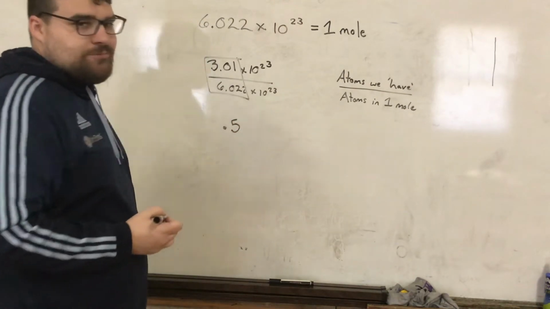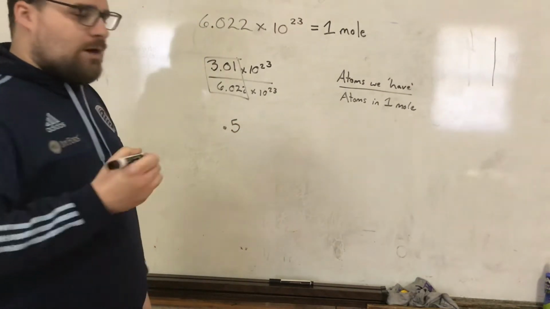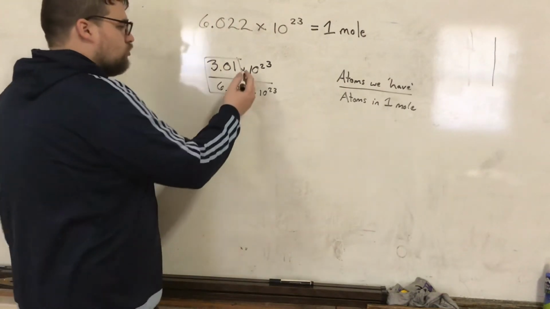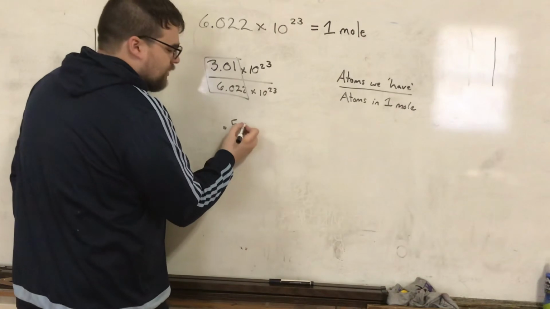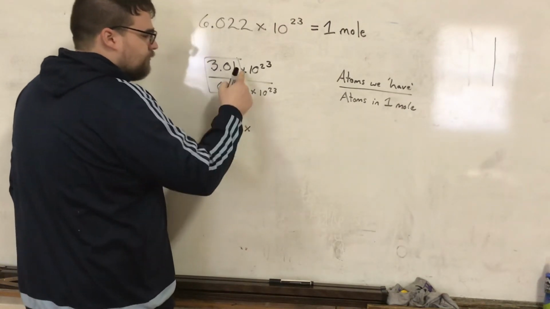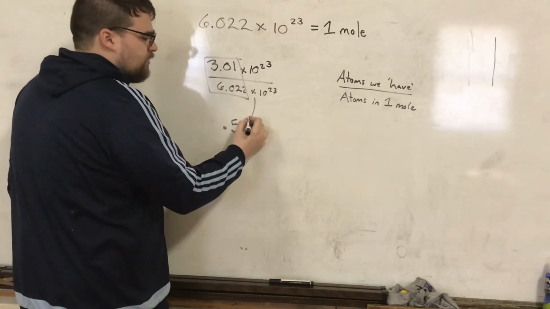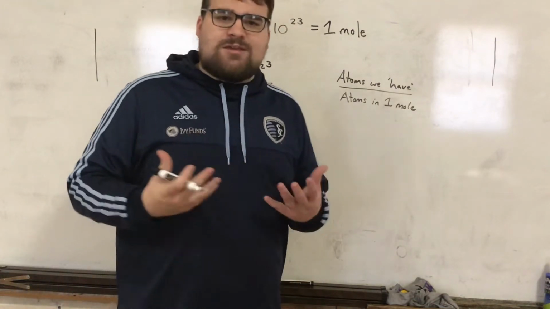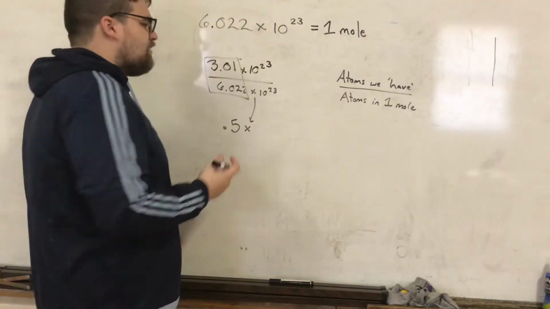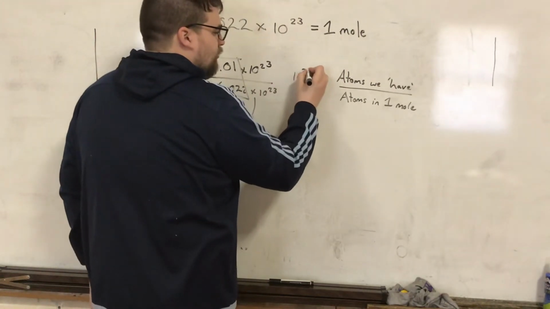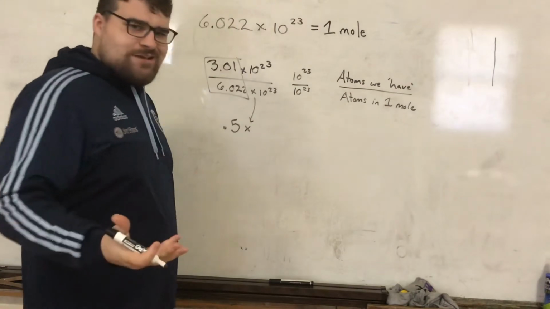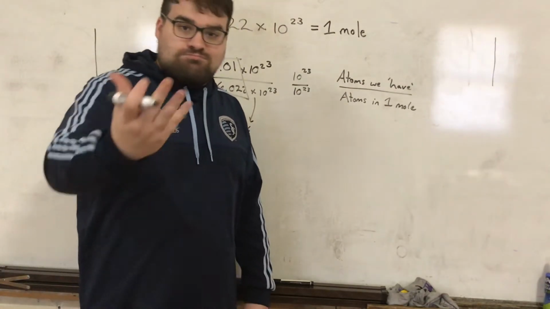Now, what I'm going to do next is I'm going to drop my multiplication sign right here. That just drops down. And then I'm going to divide these. Now think about this. 10 to the 23rd over 10 to the 23rd. What's that simplify to? That's right.